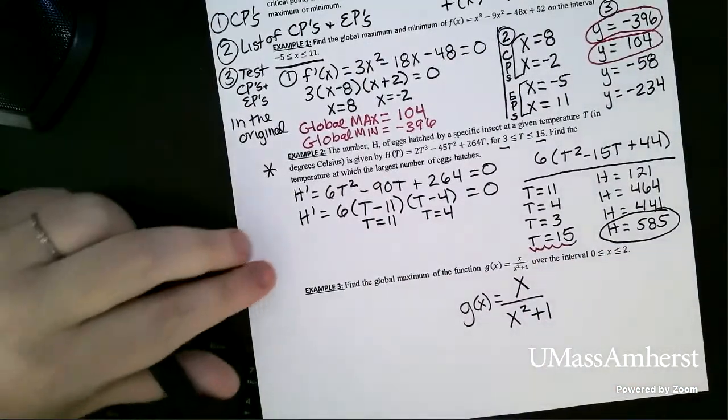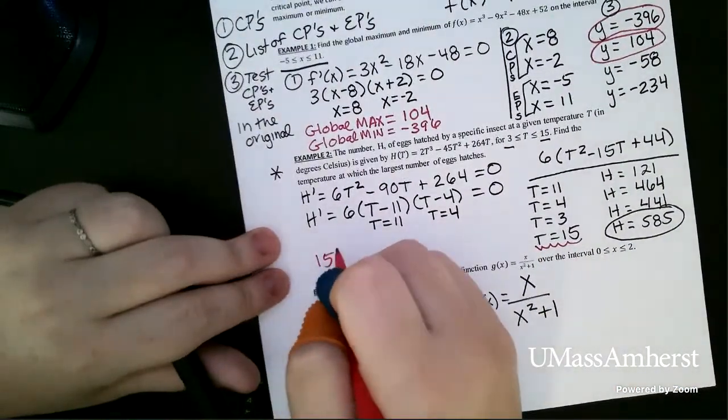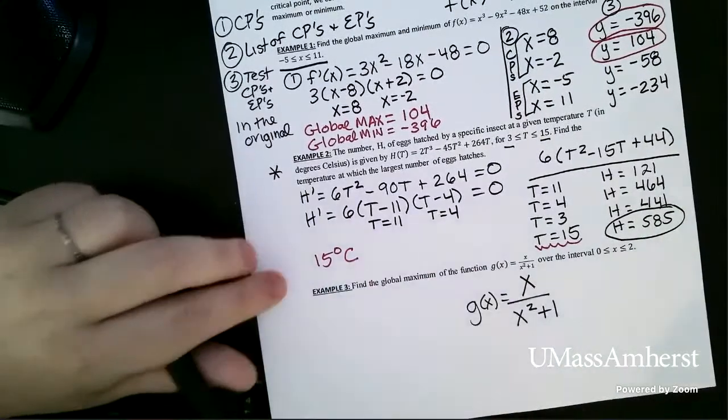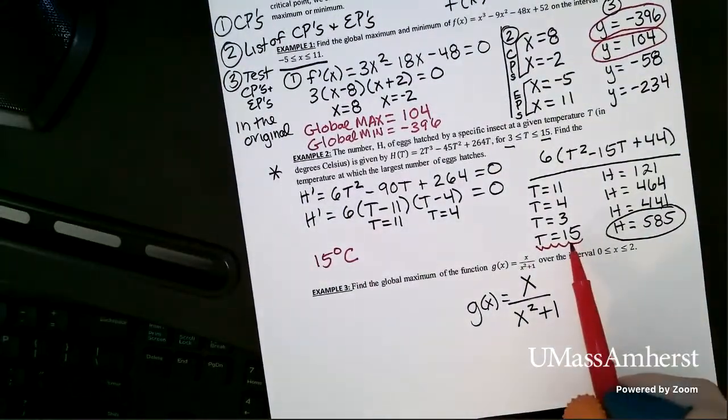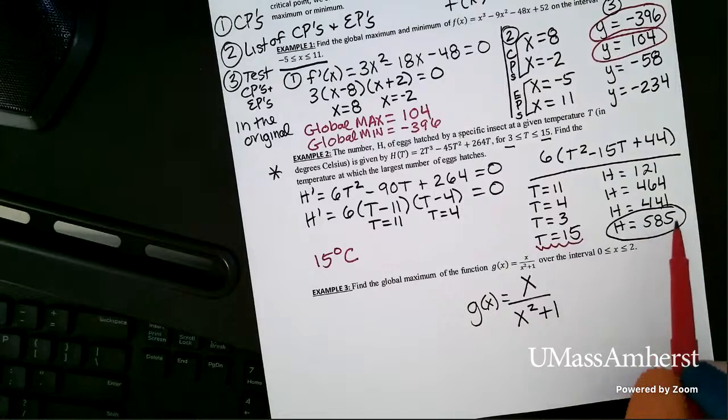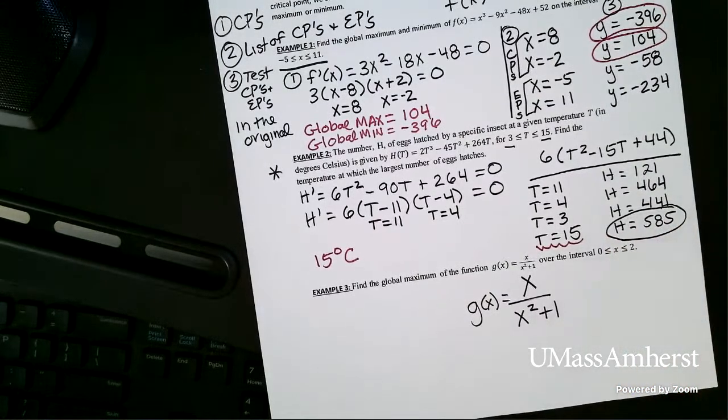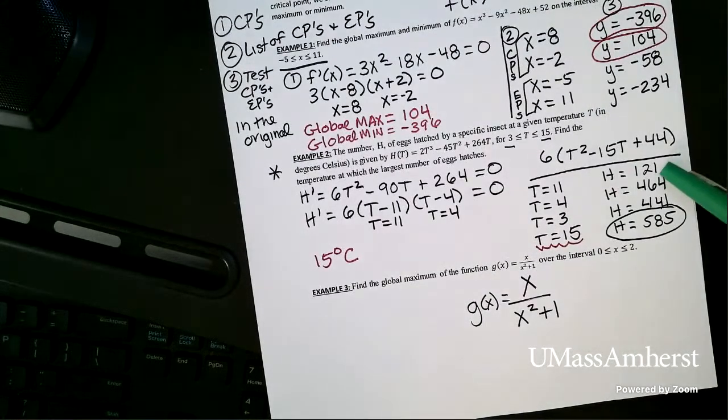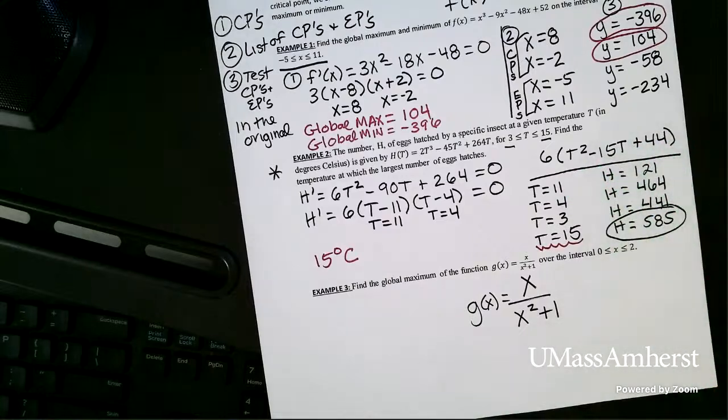So to answer this question, I'm going to report 15 degrees Celsius. That is the temperature which gives the global maximum of 585. This one didn't ask for a global minimum, but if it did, that would be 121, right? That's the lowest number. So that's what that one looks like.